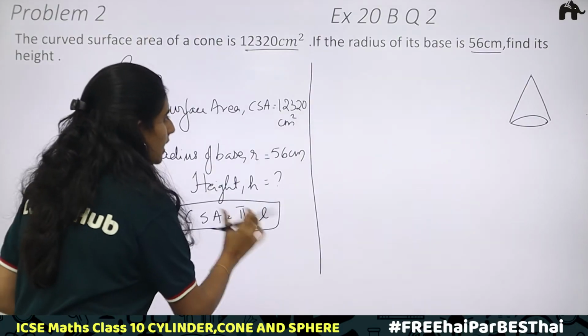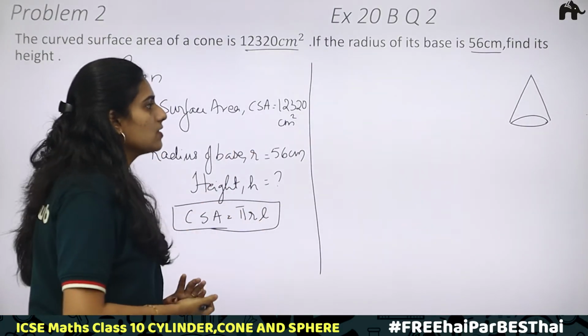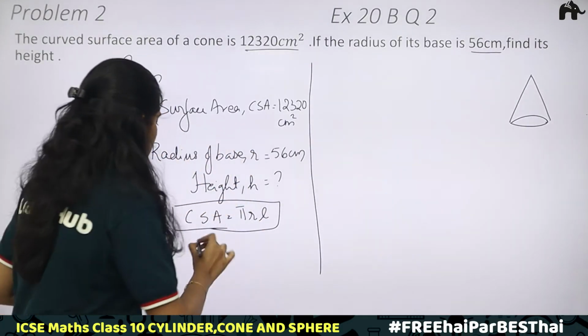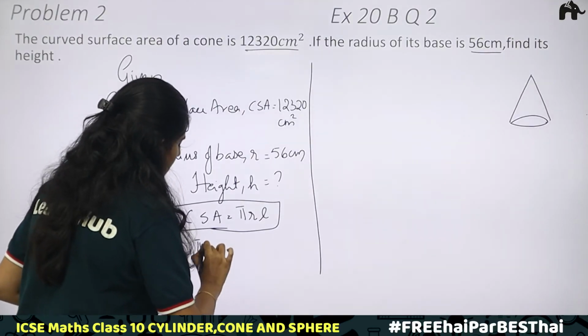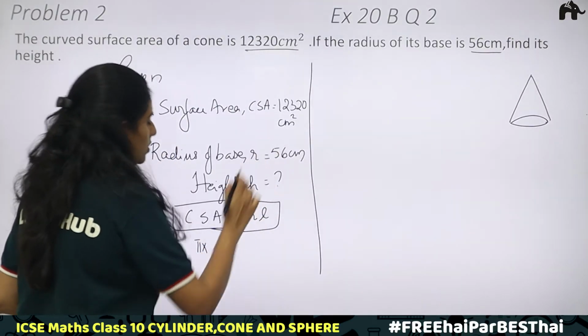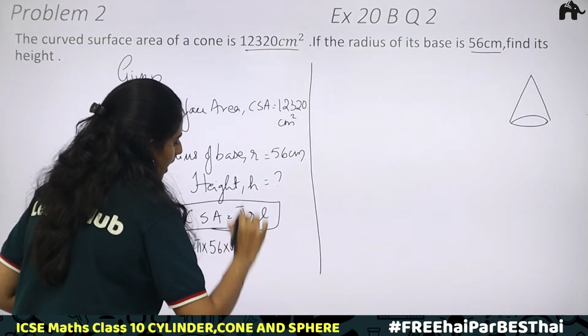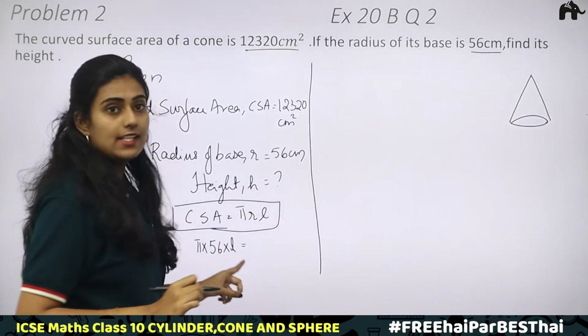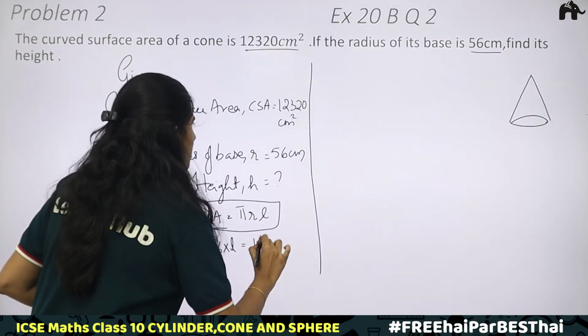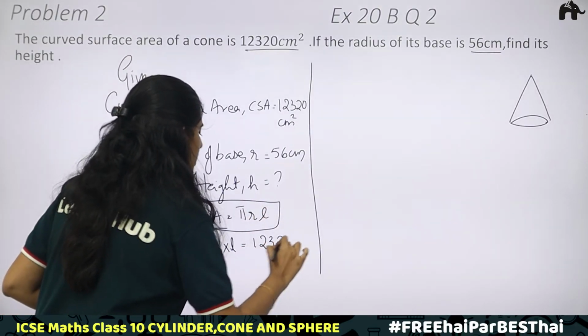Okay, so this pi RL is equal to 12,320 in this case. Pi, R value we know, R value is 56, into L is equal to, what is L? L is the slant height, 12,320.